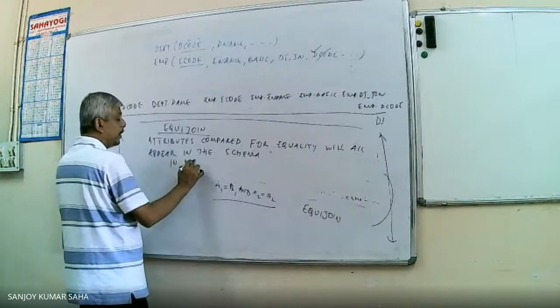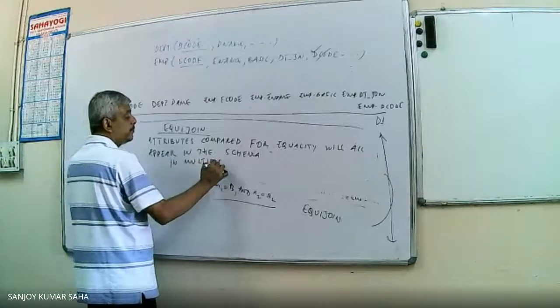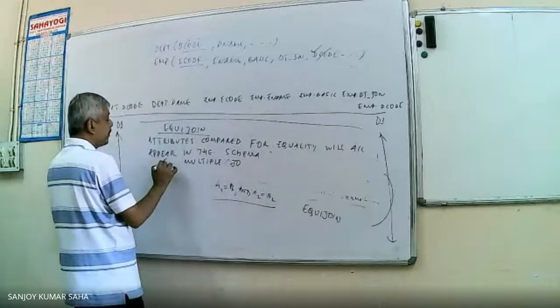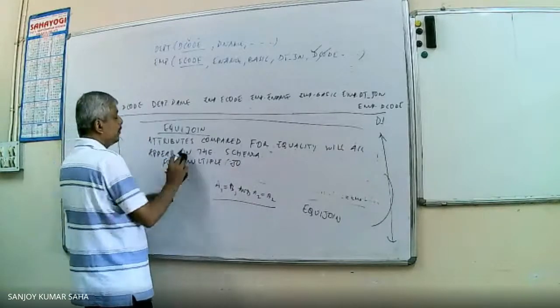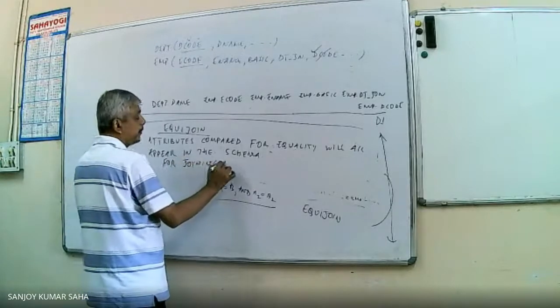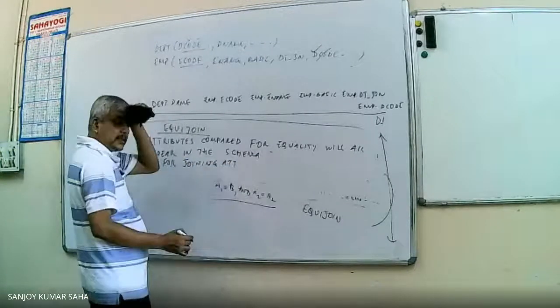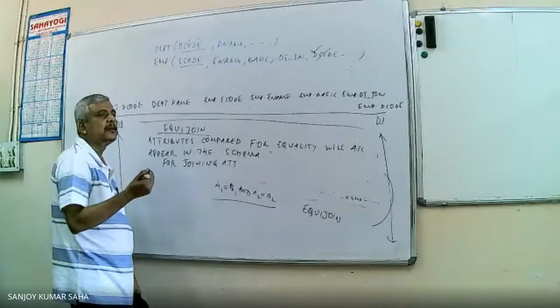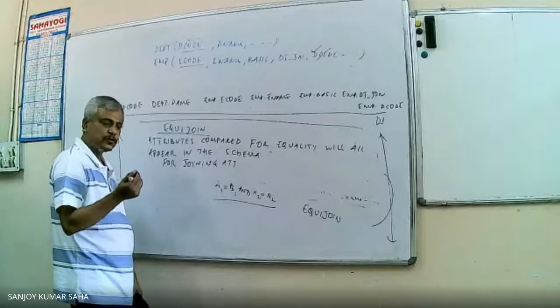So in multiple columns, in multiple join, let's say for joining attribute, those we say are the joining attributes. The attributes which are being compared, those we say are the joining attributes.